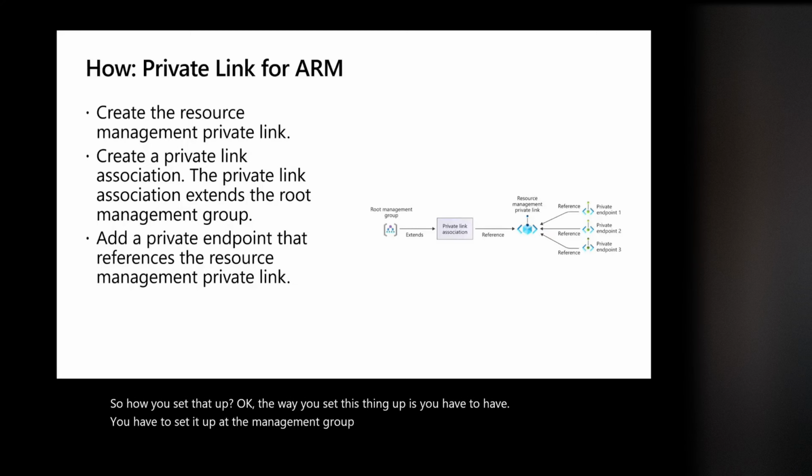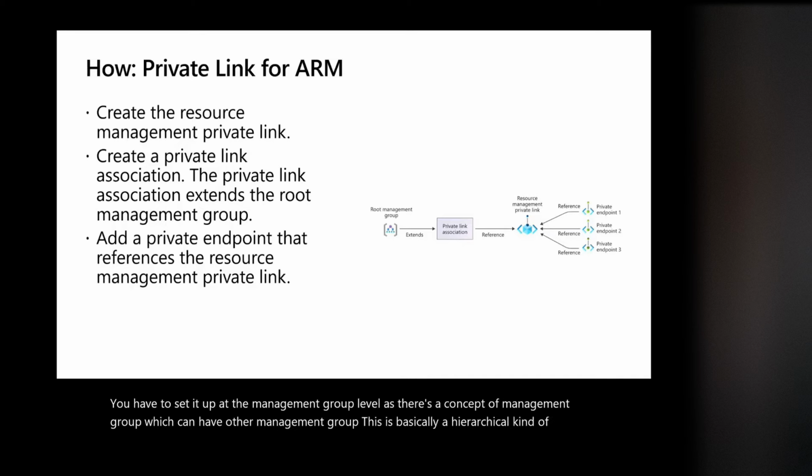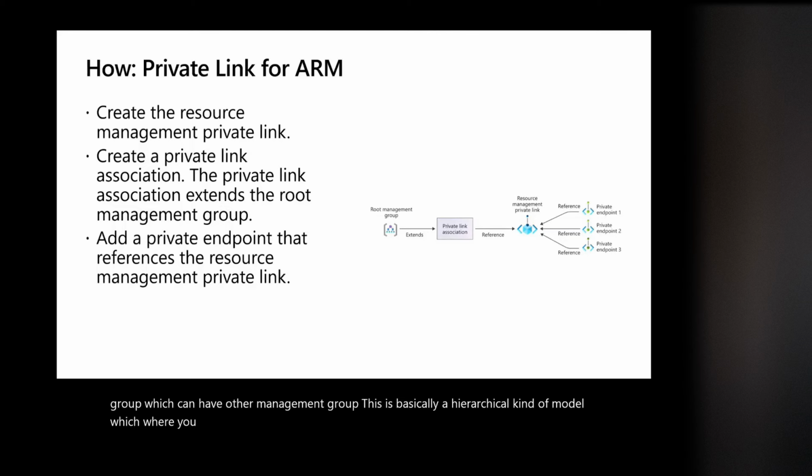As you know, there's a concept of management group, which can have other management groups. This is basically a hierarchical model where you can put subscriptions in management groups. You have management groups, and inside management groups, of course, subscriptions. Subscriptions cannot be in a hierarchy; they're always at the same level.